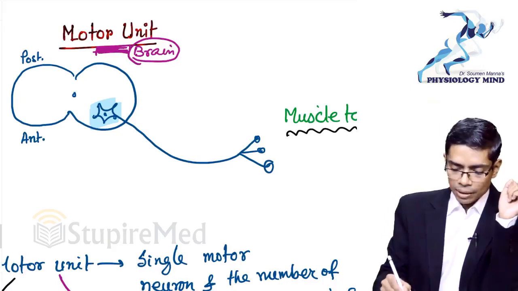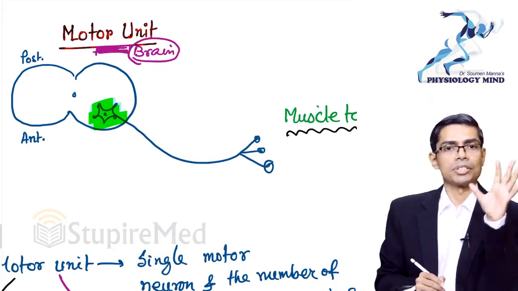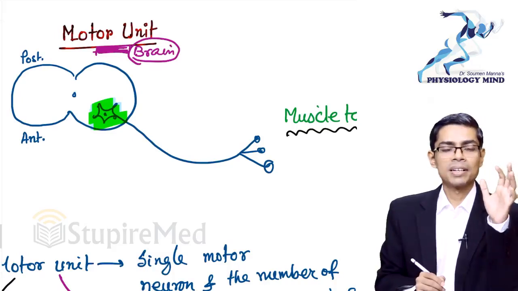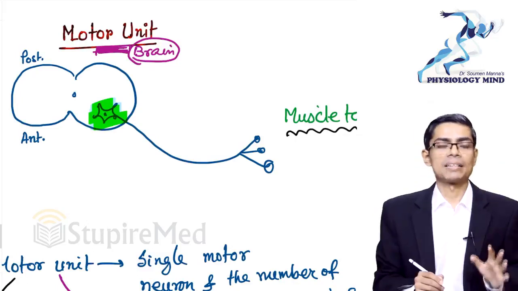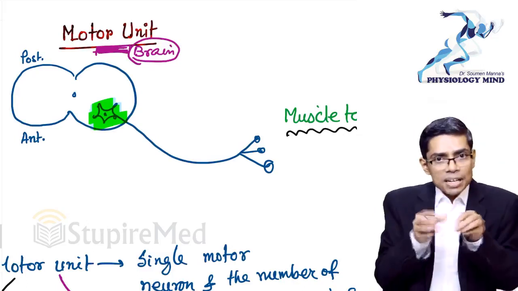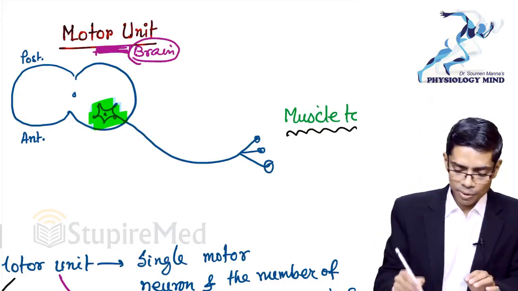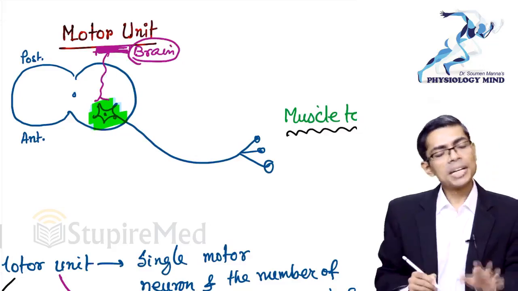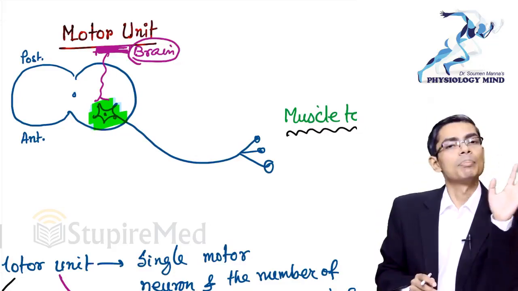This neuron will start discharging spontaneously and pathologically. That means before death, the neuron is trying to survive as much as possible. So it will start discharging spontaneously, frequently, without any control from the brain. The brain is not giving the discharge, but the motor neuron is discharging spontaneously before death.